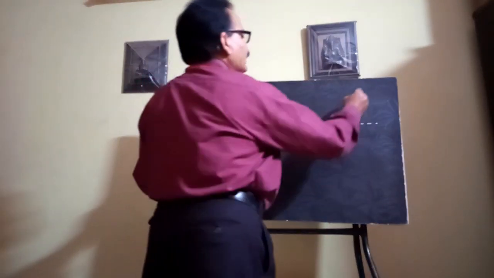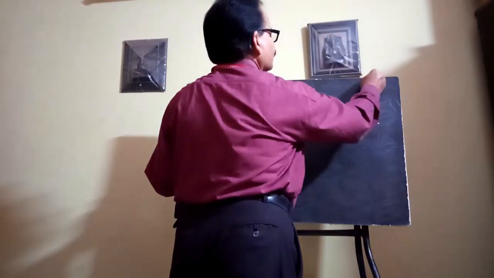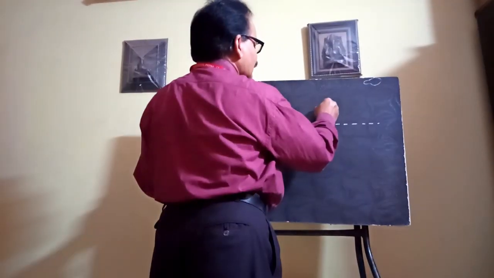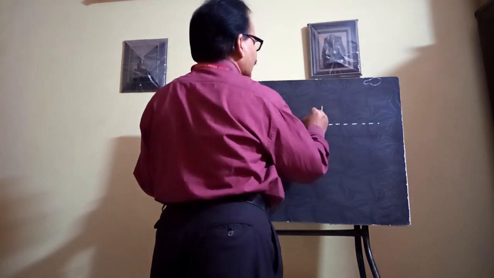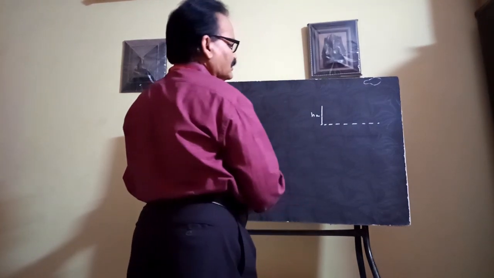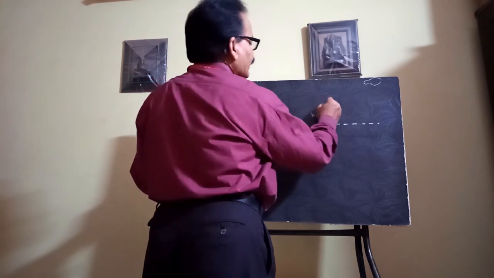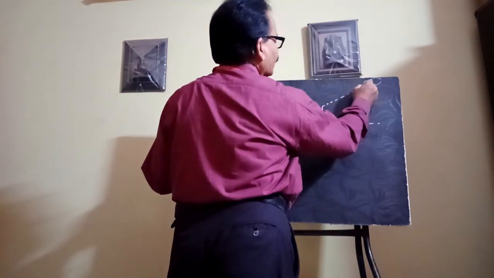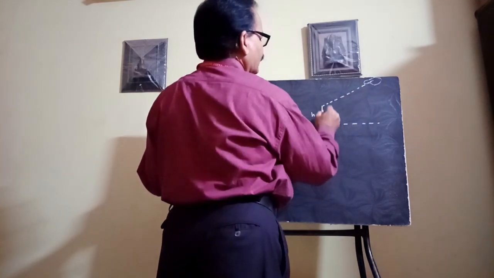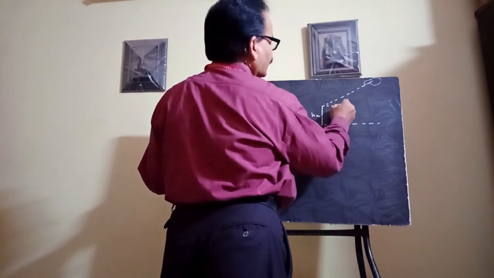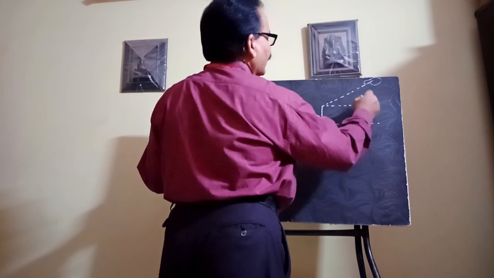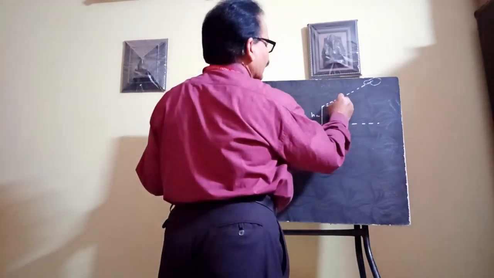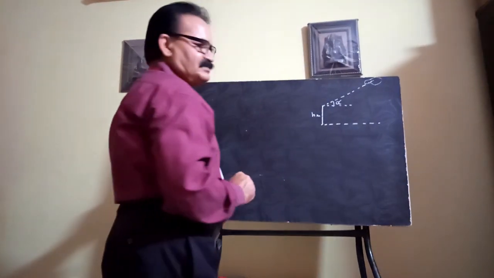Clear? And this is your cloud, and the observer is h meter above the lake. Okay, and this is the horizontal level. The angle of elevation of the cloud is alpha.